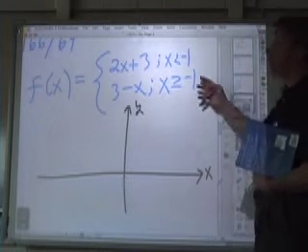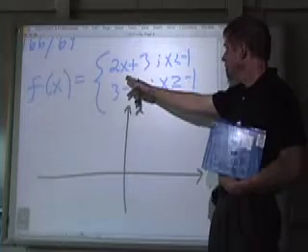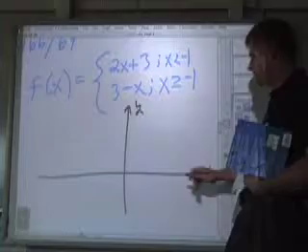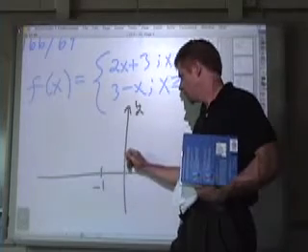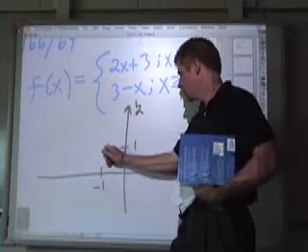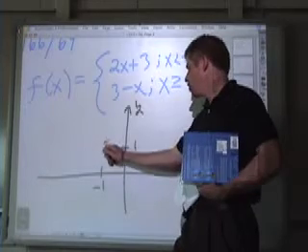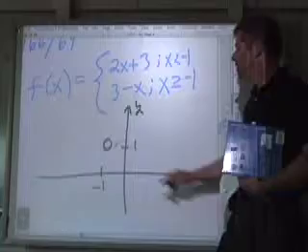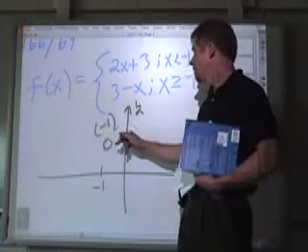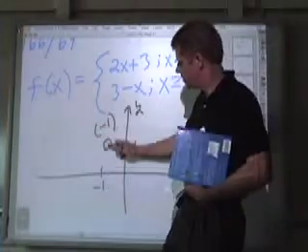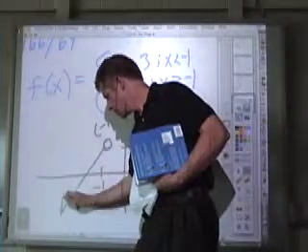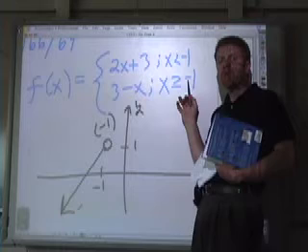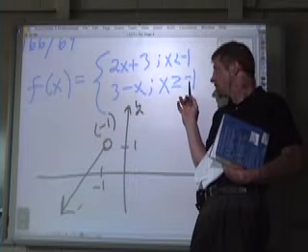Alrighty. I'm plugging in the boundary value. -2 plus 3 is 1. Open circle at -1, 1 with a slope of 2. Now I'm going to plug in this boundary value.